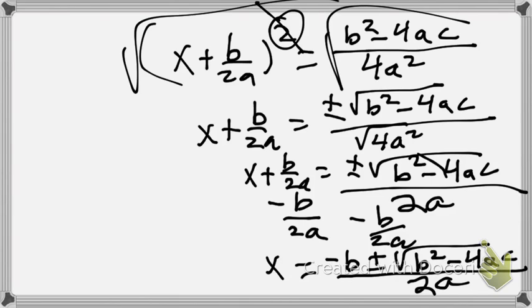So instead of having to work through the completing the square, the quadratic formula allows us to solve every single quadratic equation there is. Now, sometimes if you're really good at factoring or you can just see it, it's easier to do it that way.